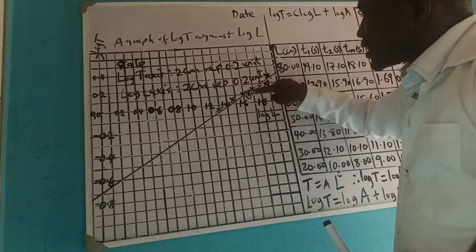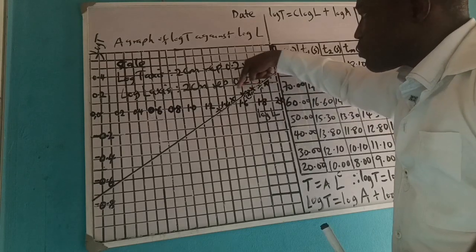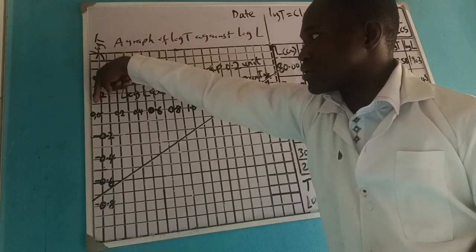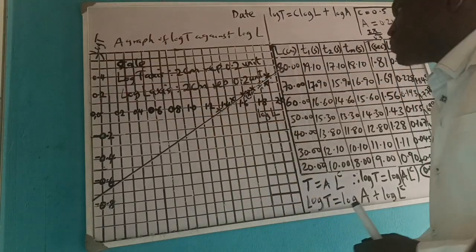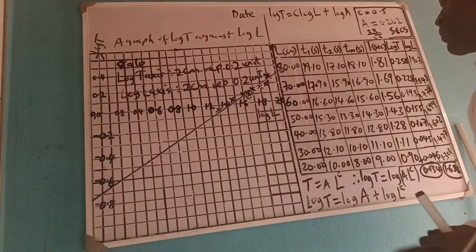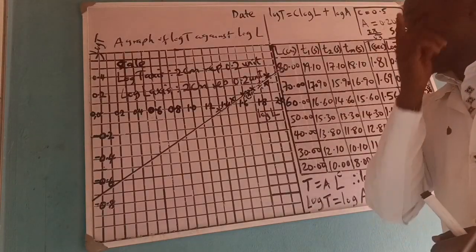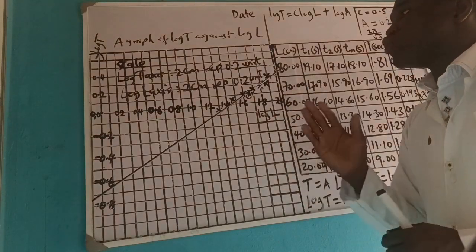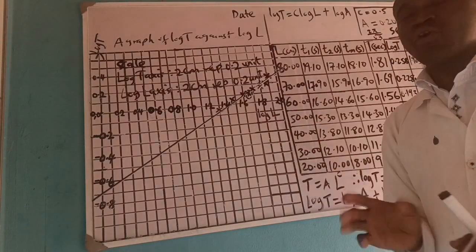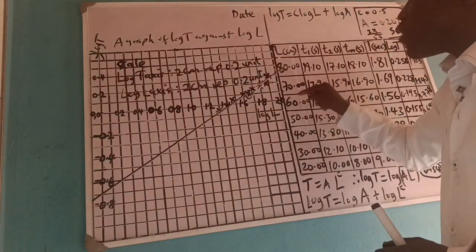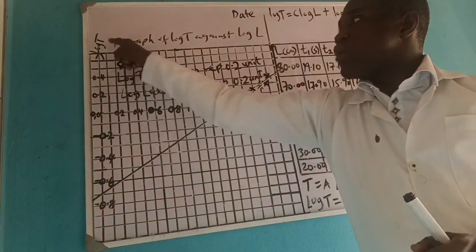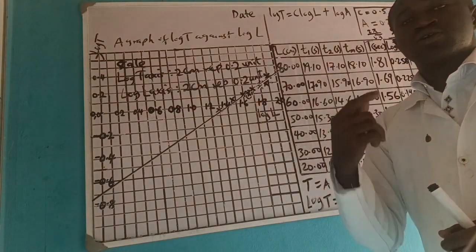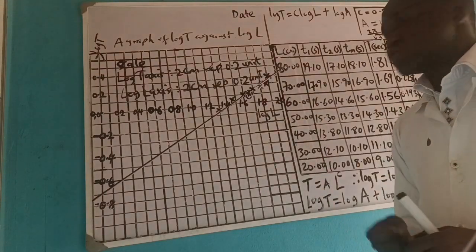So we have located 1.66 against 0.13, in approximation. Now you need to also note that this is just a sketch of the graph. When you use your standard graph sheet and put this scale the way we put it, do your plotting, you will be able to get your exact value, so to speak.